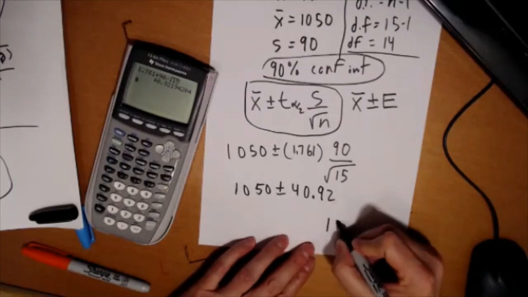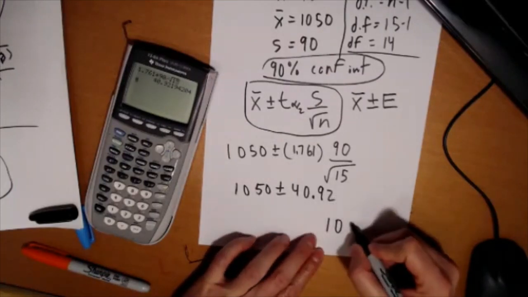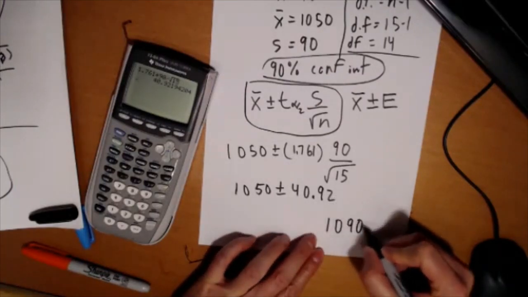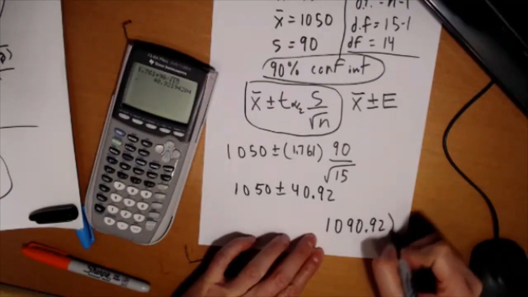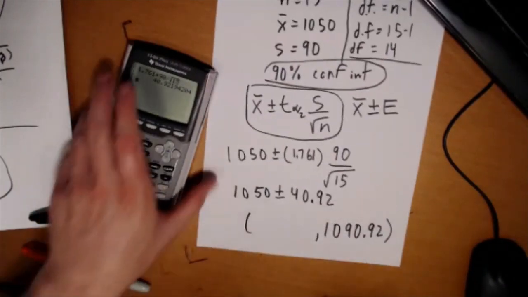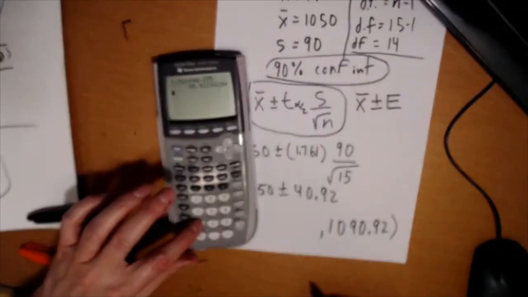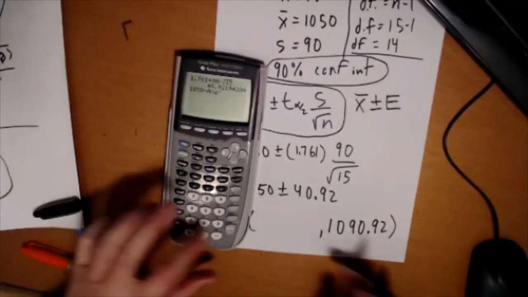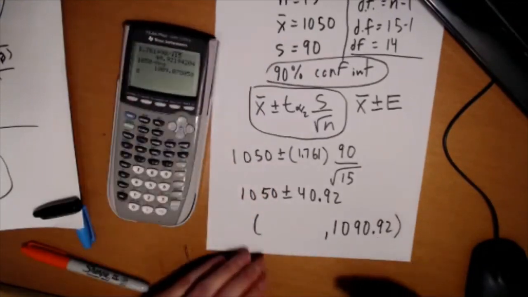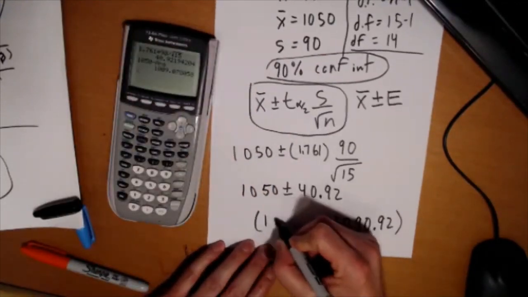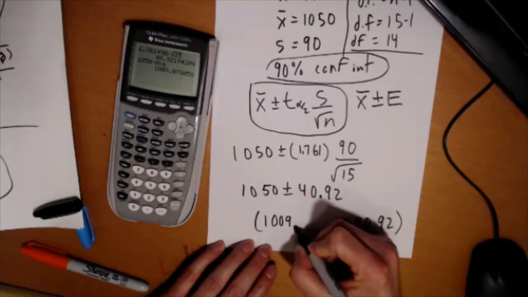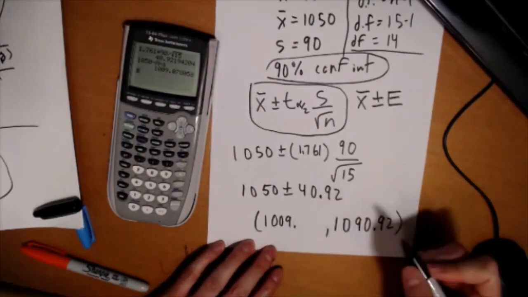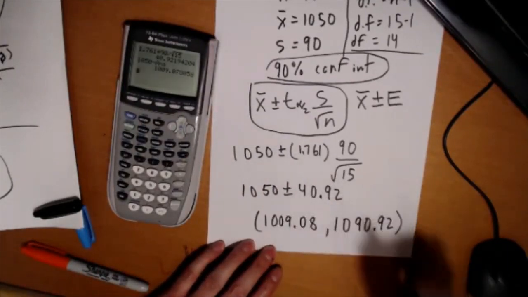So if I add that, I can do that in my head, I think, 1090.92. Hopefully I got that right. And then if I go 1050 minus that answer, I get 1009.08. I'm rounding to the nearest penny.